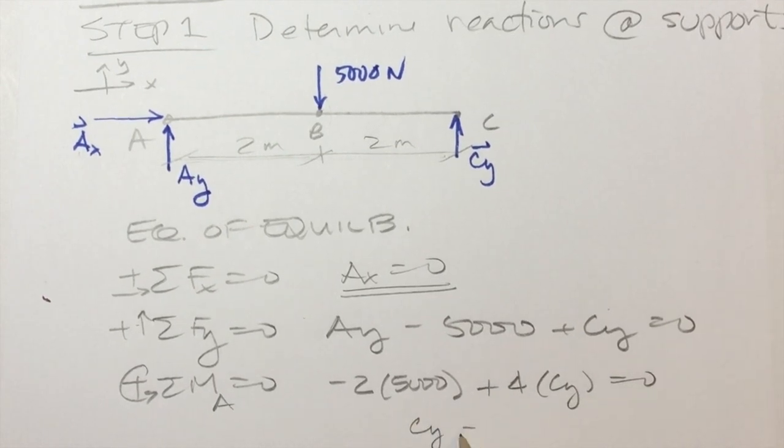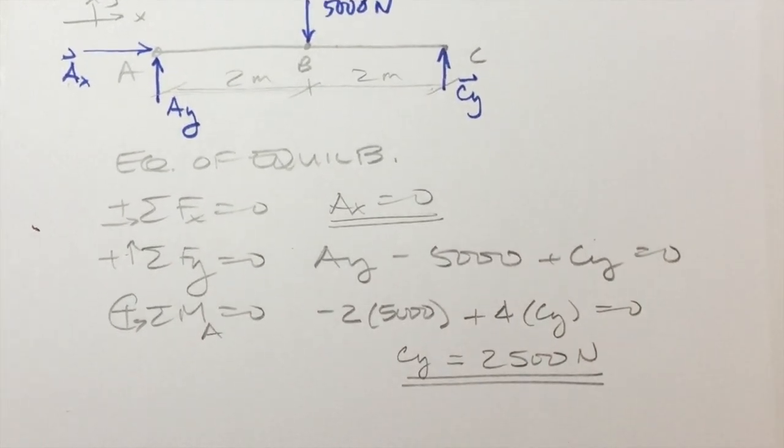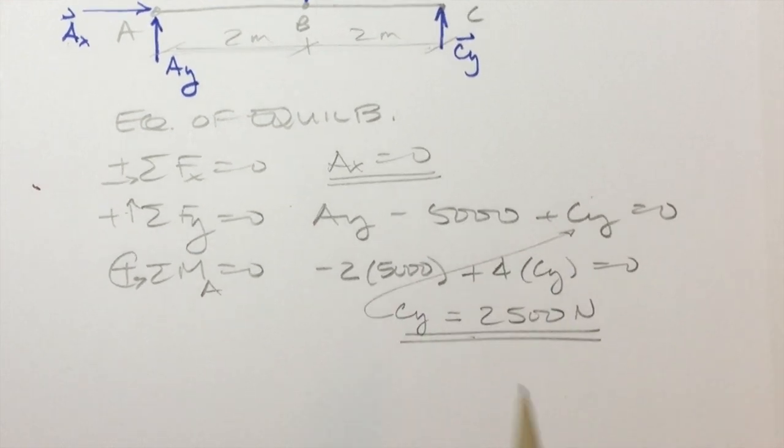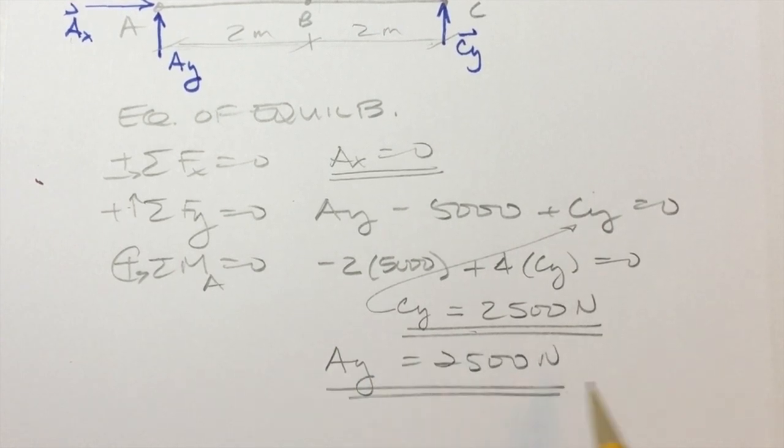So CY is equal to 2,500 newtons. I can substitute that in there, and that'll yield AY to be 2,500 newtons.